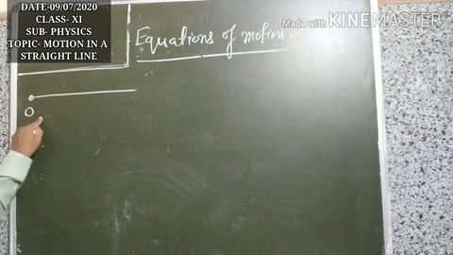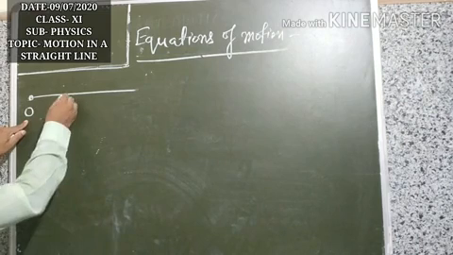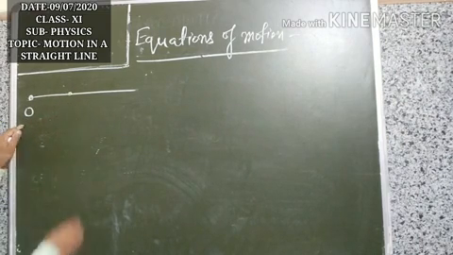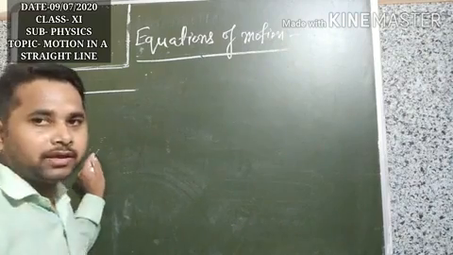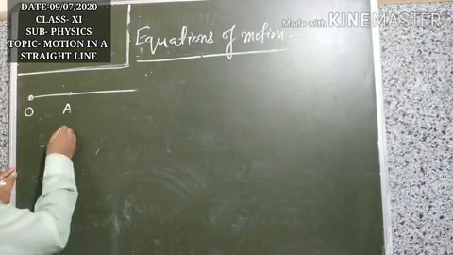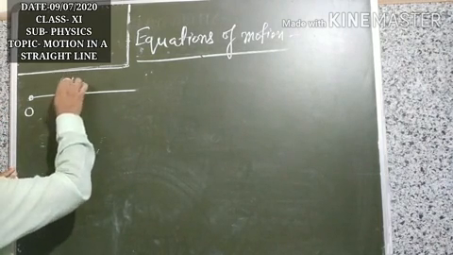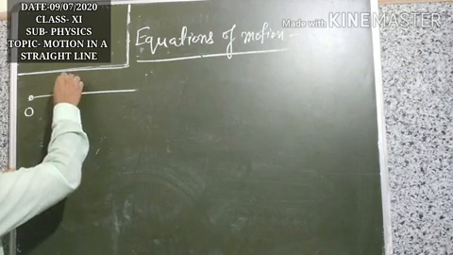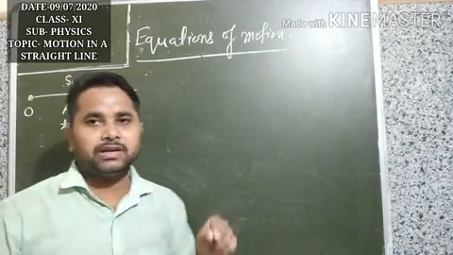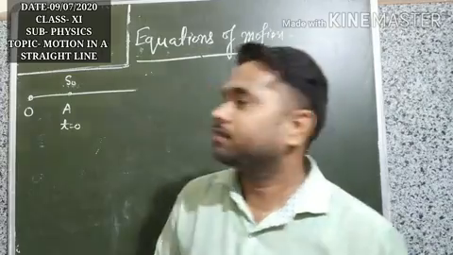Suppose this is point O from where the observations are taken of a moving object with constant acceleration a. When it reaches the point A, time equals 0, displacement is s0. I am marking it here as s because in the three equations of motion the symbol we are using is s.